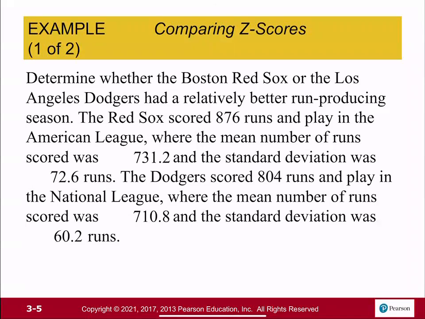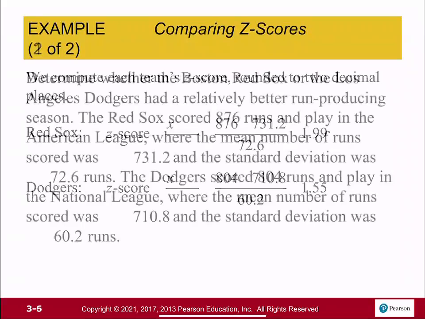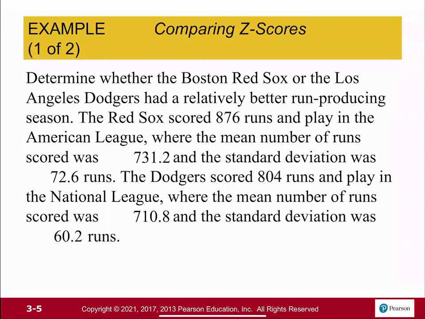All right, so next, determine whether the Boston Red Sox or the Los Angeles Dodgers had a relatively better run producing season. Here we have the Red Sox scored 876 runs and play in the American League, where the mean number of runs was 731.2 and the standard deviation was 72.6.